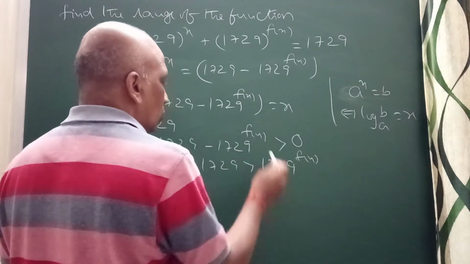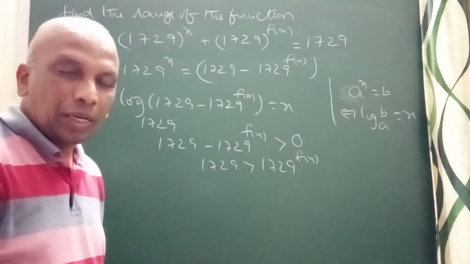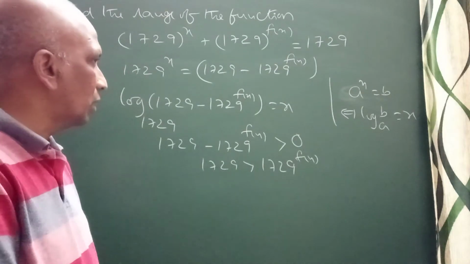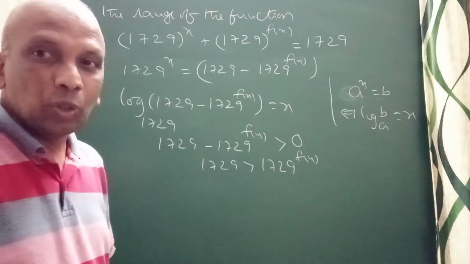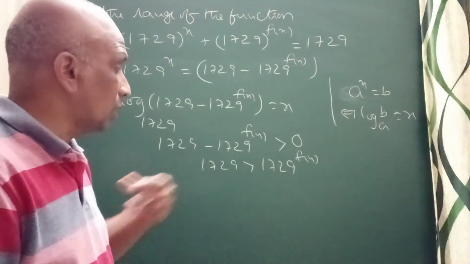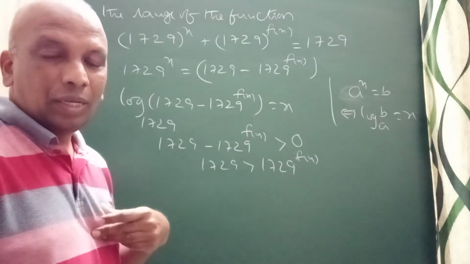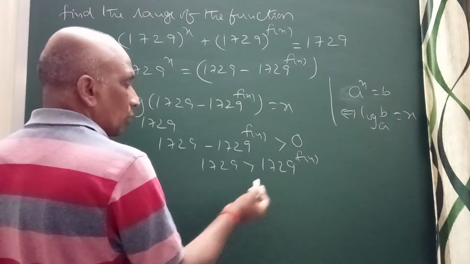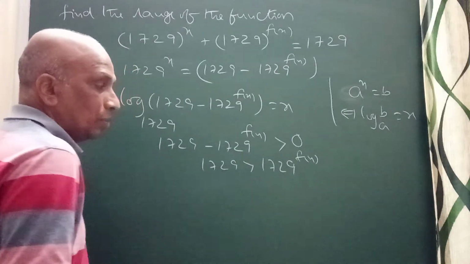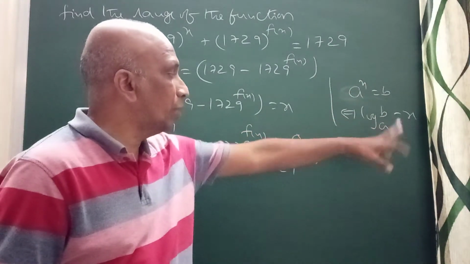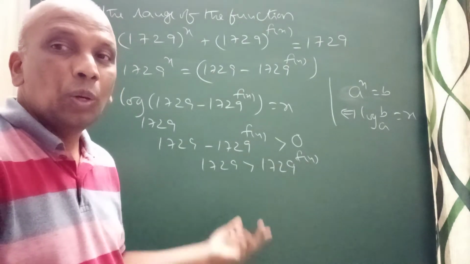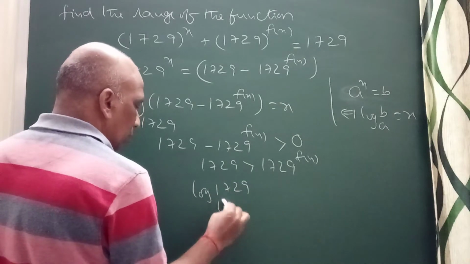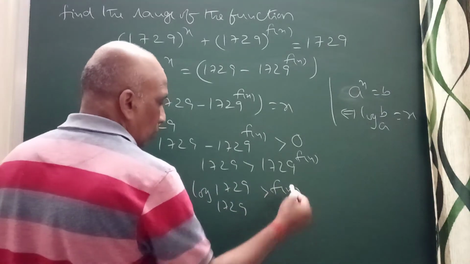Again, this is like a power x, so I can convert this one by applying logarithm: log of 1729 to the base 179 is greater than f of x.